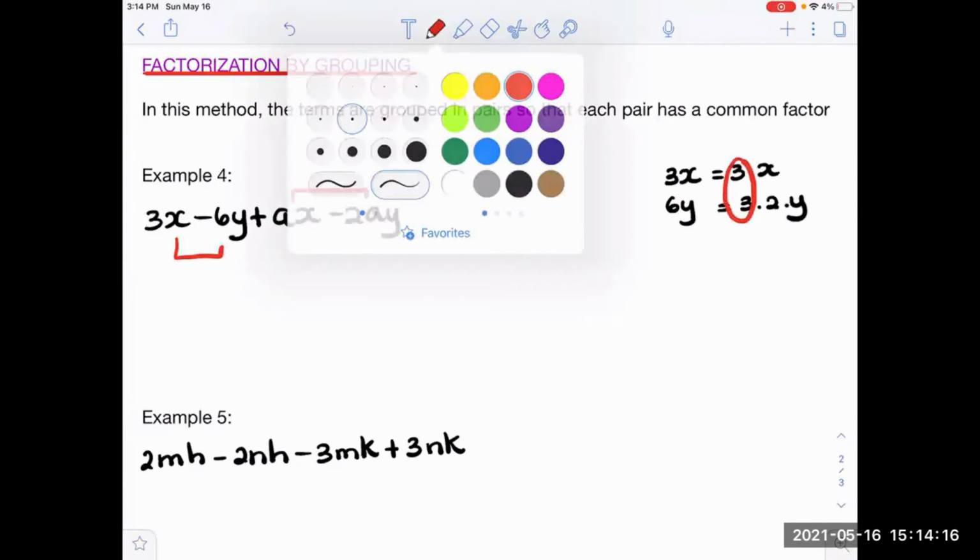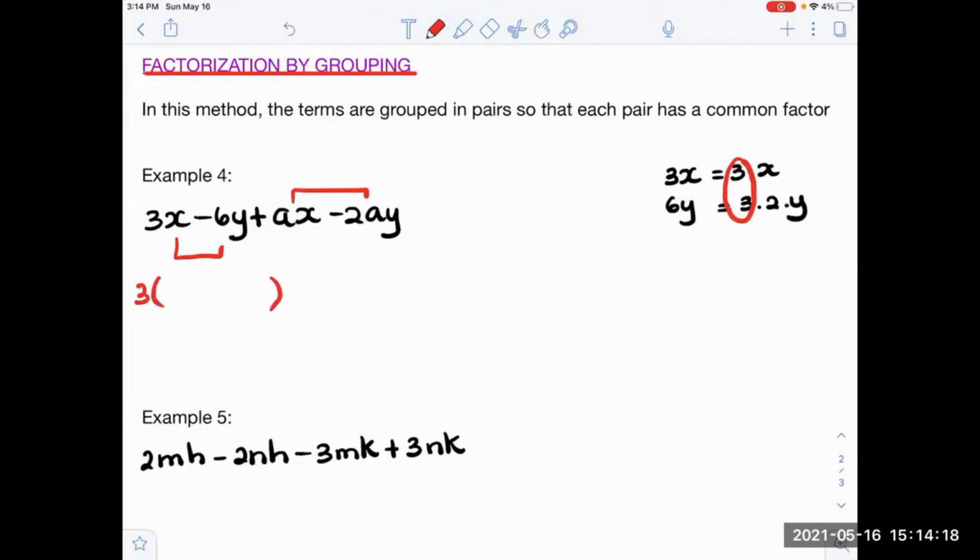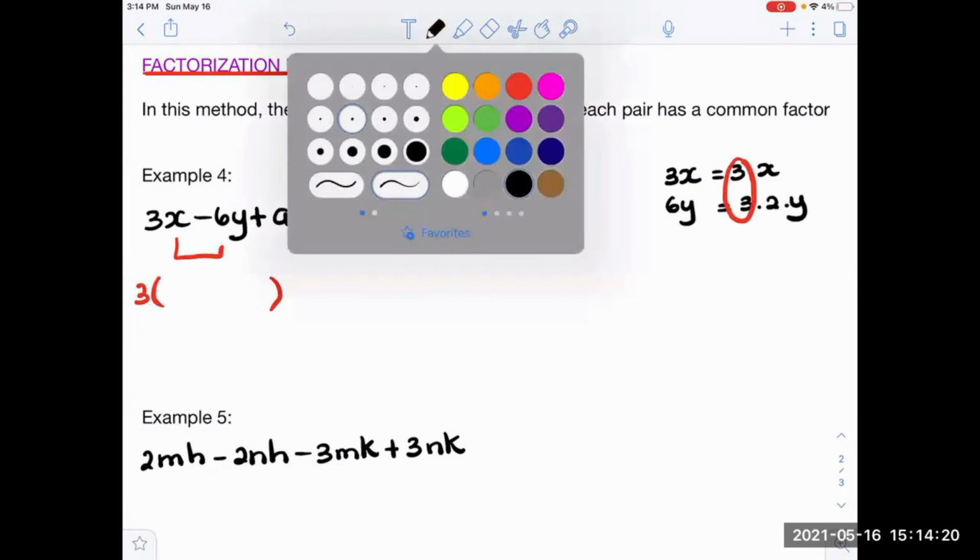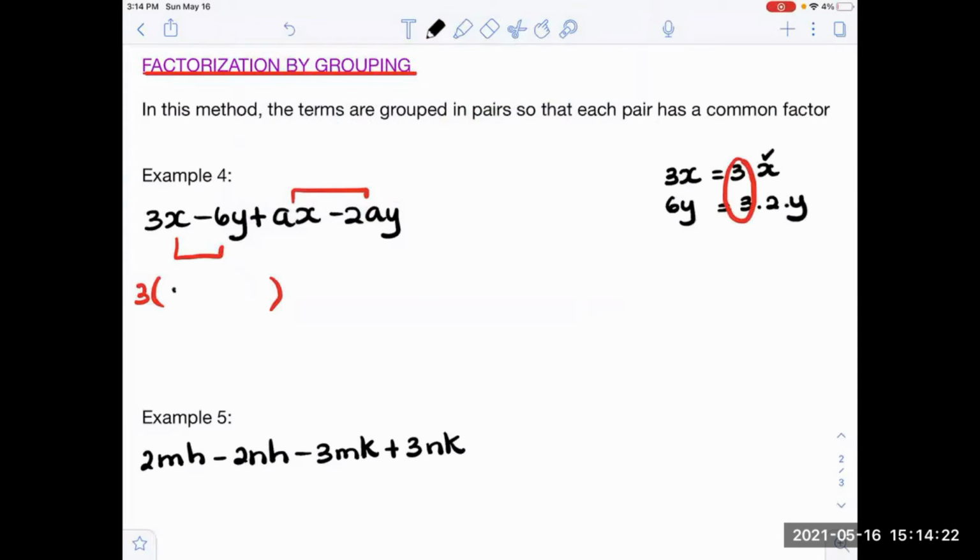So 3 goes outside of my bracket, and whatever I did not circle goes right back in. x for the first term, I am keeping my negative sign, and 2 by y is simply 2y. Here I am keeping my positive sign.